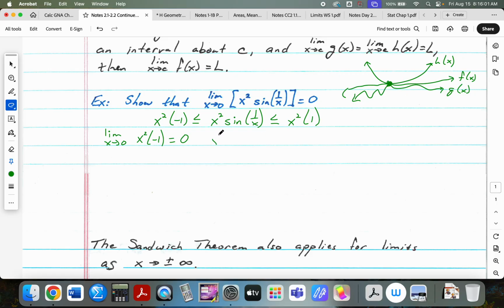And the limit as x goes to 0 of x squared times 1 is also 0. Those two things are equal to one another. And the function that we have in mind is in between the two.